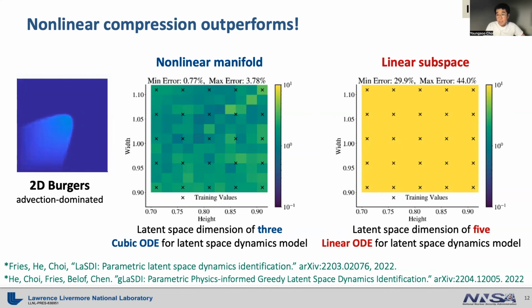As you can see, the nonlinear compression model gave much better accuracy than the linear compression. Nonlinear manifold's worst error was 3.78%, while for the linear subspace method, the worst error was 44%. It looks like nonlinear compression is superior to the linear compression.